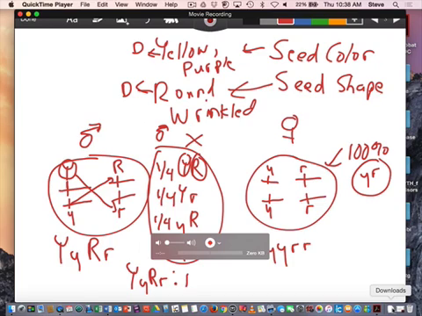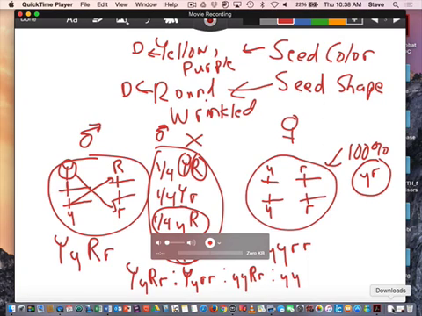Then you keep going, big Y, small r, small r. Then you go down here. You got small y, big R, small r. And then the last one, what are you going to get from that one?